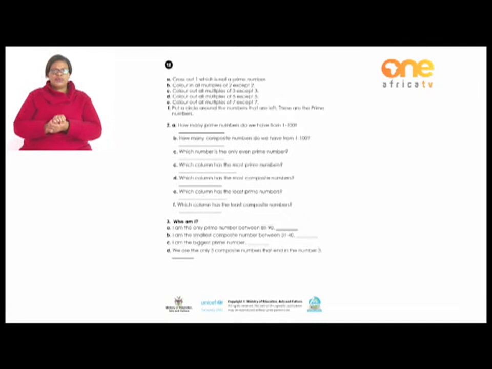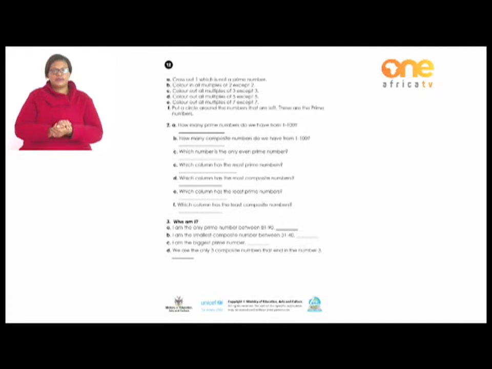So the question is, which number is the only prime number that is even? Okay? Now, you will notice that there is a typing error there because there are 2 C's. So the second C is asking which column has the most prime numbers.